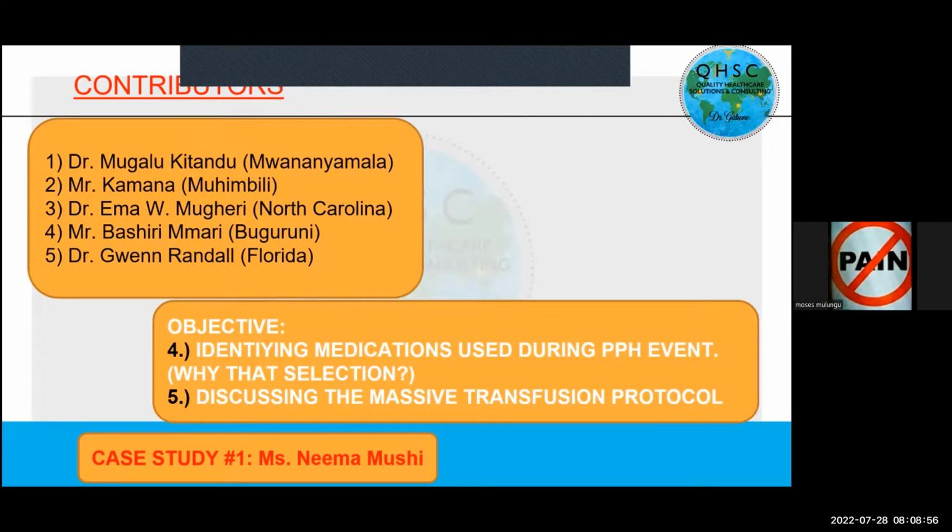But giving fluid has no option. If a patient has bled profusely, there's no choice. You have to give plenty of fluid. But plenty of fluid does not carry oxygen. If a patient is in shock, you also need to give blood. That's what we are doing here. And soon I'll try to talk to my colleague, the head of gynecology, to see if we can have a massive blood transfusion protocol.